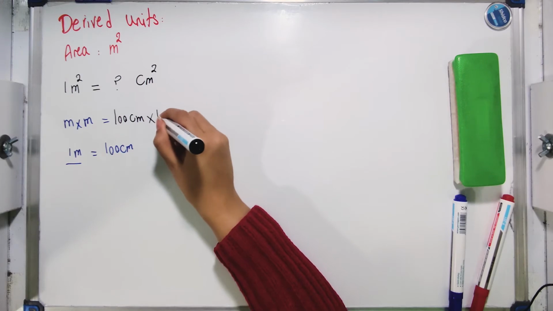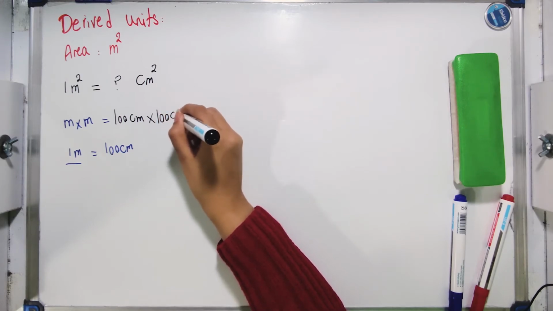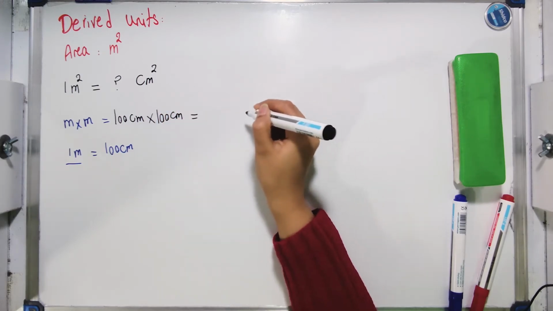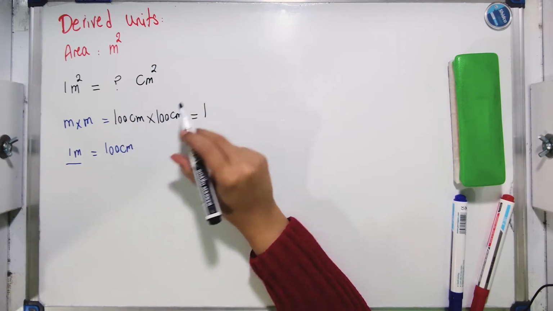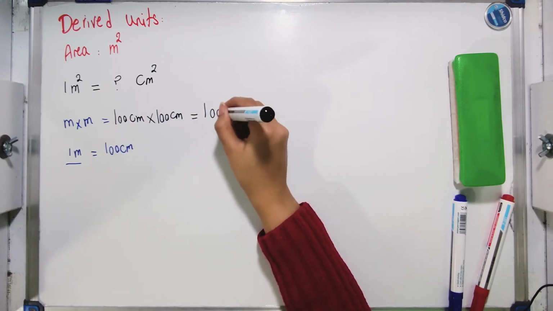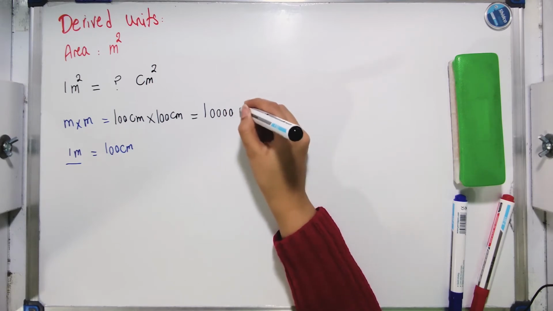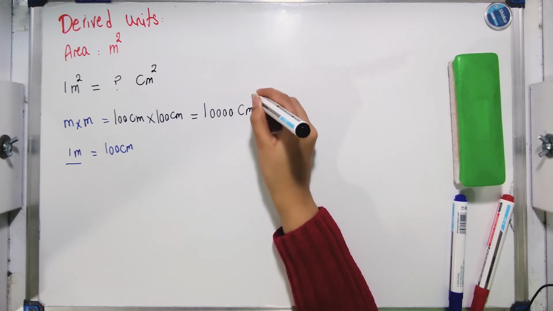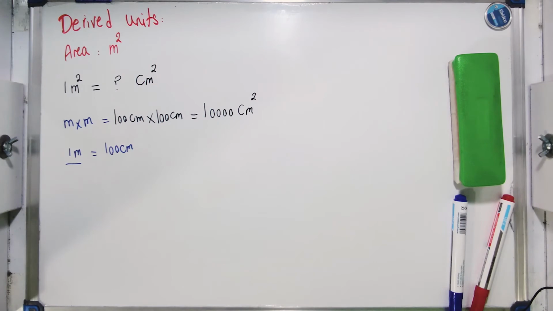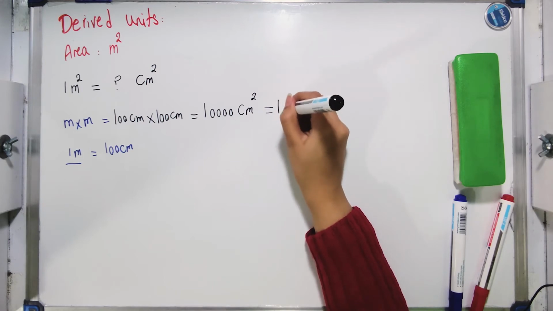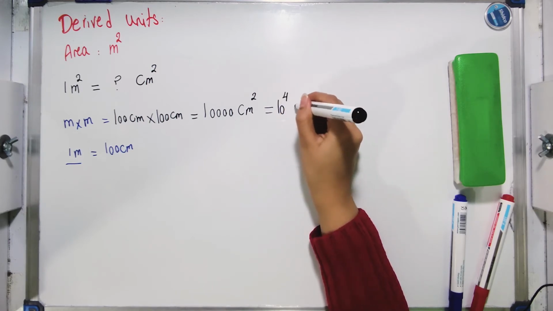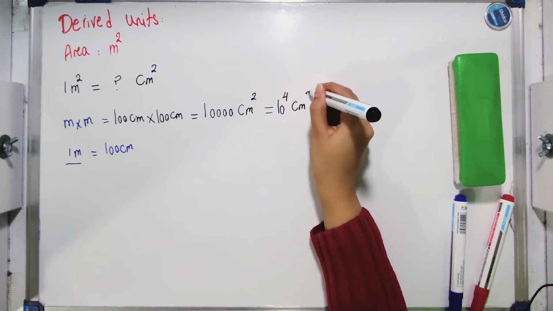So it will be 1, 1, 2, 3, 4, and 4 zeros here: 10,000 square centimeters. This is the answer. Or if I want to write it in power of 10, I can say it is 10 to the power 4 square centimeters.